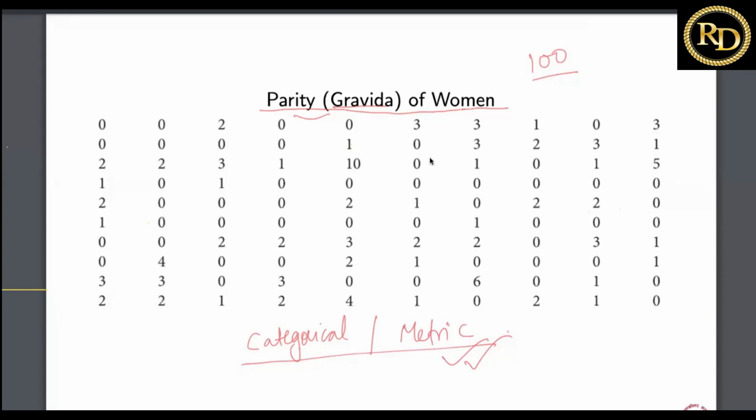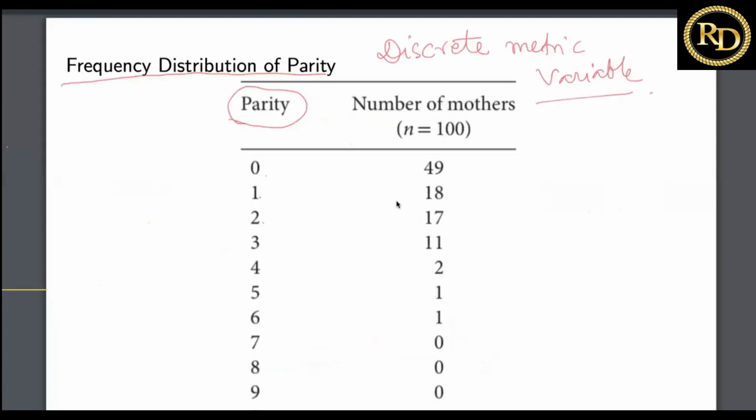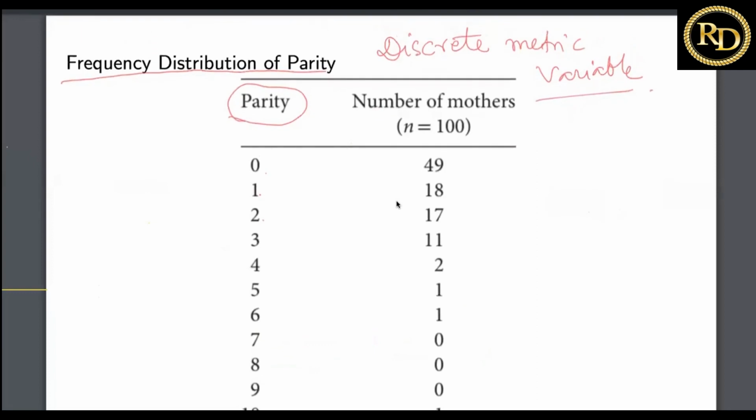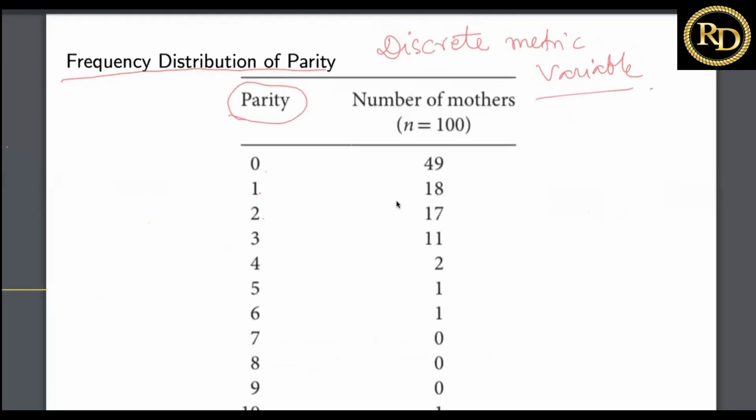So that's why it is a metric variable, not a categorical variable. Now why did people get confused? This is a discrete metric variable. This kind of metric variable is discrete because you can count the possible values on your fingers.